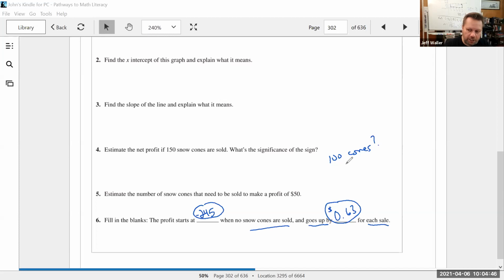If I sell 100 cones, you would multiply 100 by 63 cents, good, and you would get $63. Sure, but that's not how much my profit is. You would have to add that to your negative 245. So you start at negative 245 and you go up by 63 cents per cone.